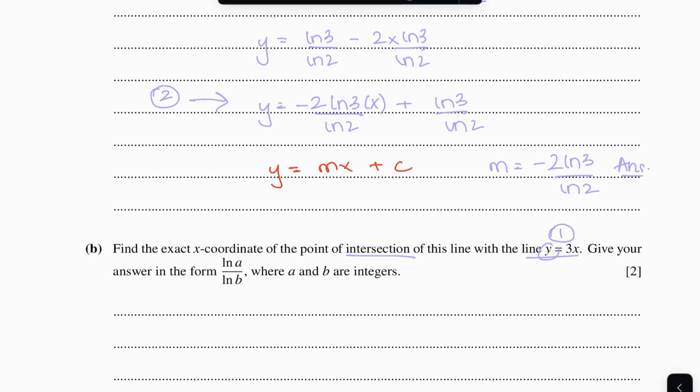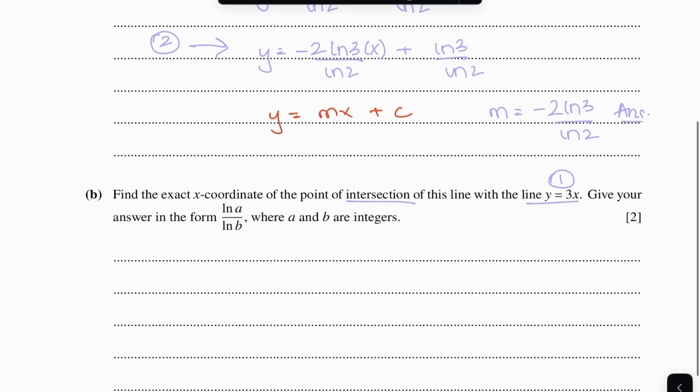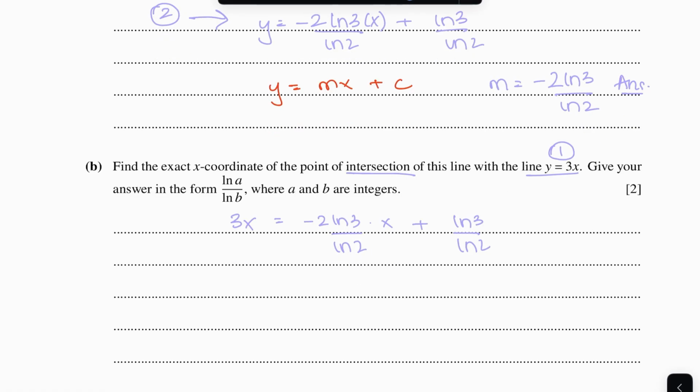So we have y as a subject here and over here, so we can easily equate these two lines to each other. So we are going to do 3x is equal to minus 2 ln 3 over ln 2 of x plus ln 3 over ln 2. Now we have ln 2 over here and here, so to get rid of it, I will multiply the entire equation by ln 2.